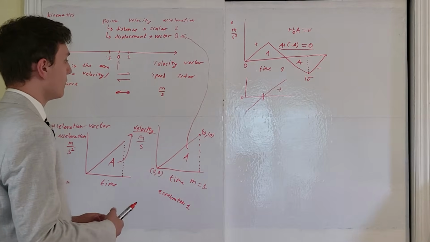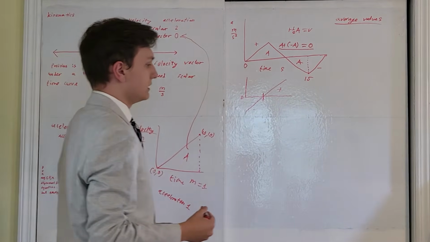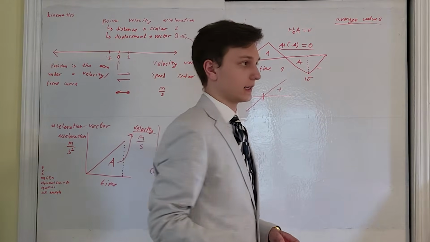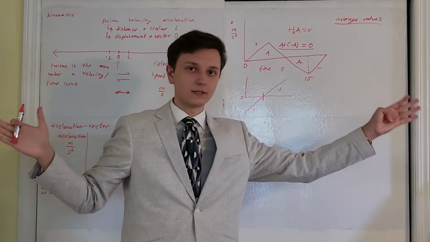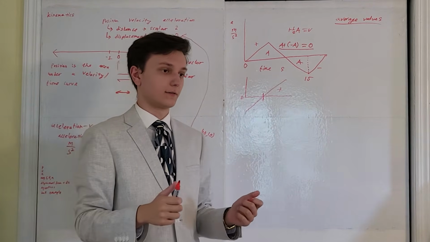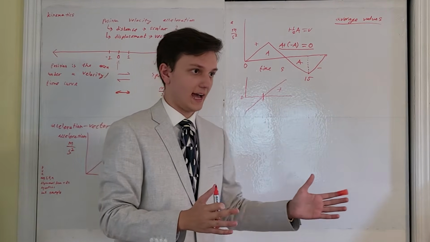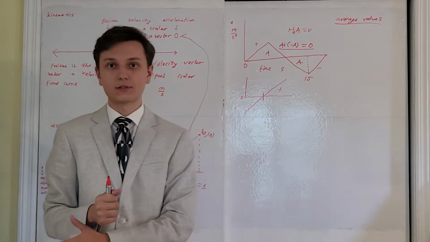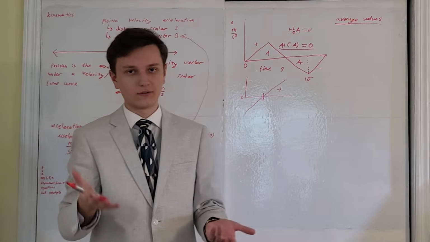From there, let's move on to calculating average values. So, the normal way that you would calculate an average is you would take all of the different components of a series, like let's say you wanted to find the average amount of apples in each hoop. You would add up all the apples you have and divide it by the number of hoops. And that's how you would find the average number of apples in each hoop.